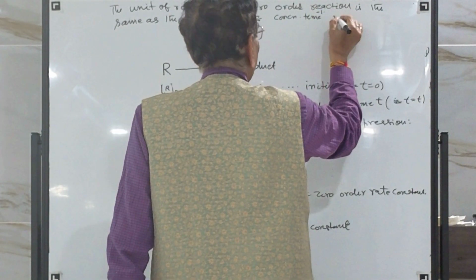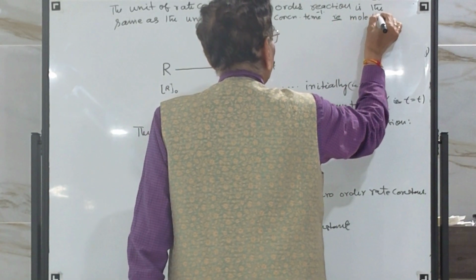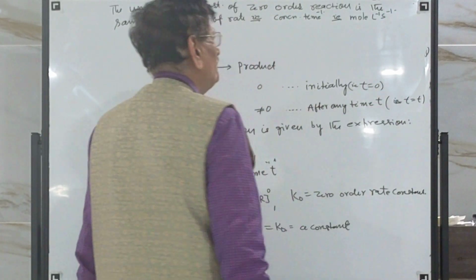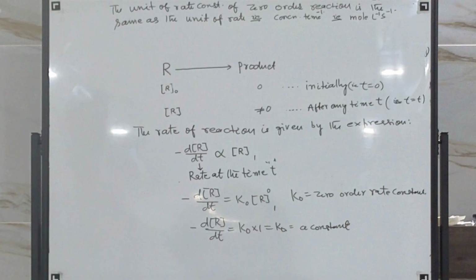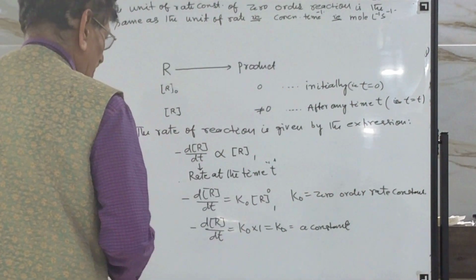That is mole per liter per second. This is the unit of rate, and this is also the unit of the rate constant of a zero order reaction.